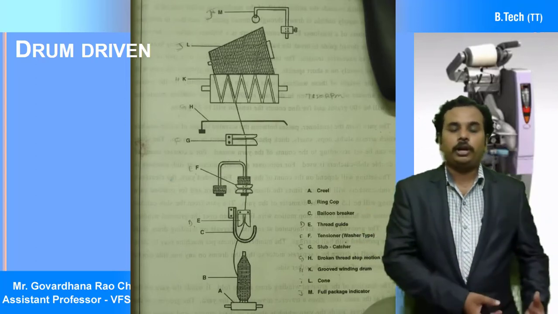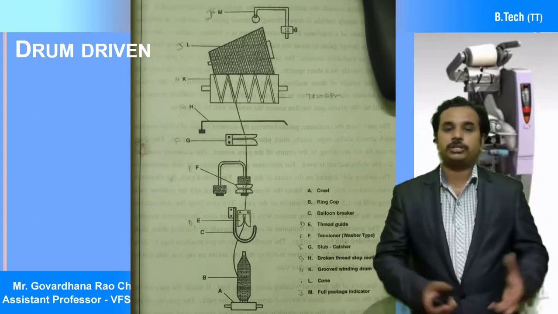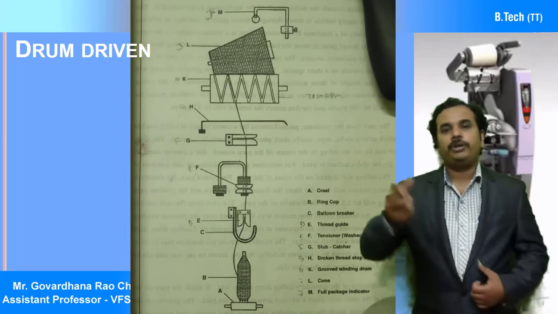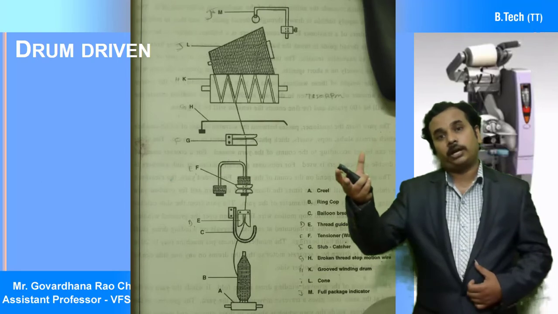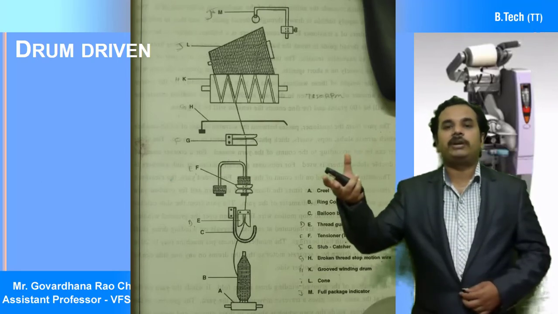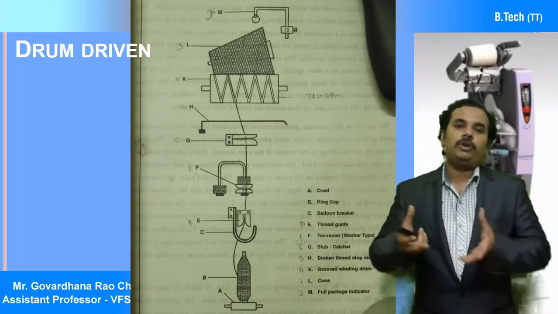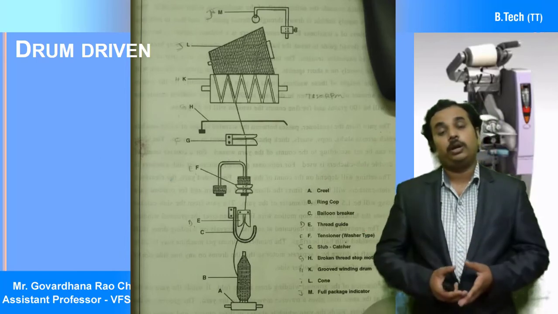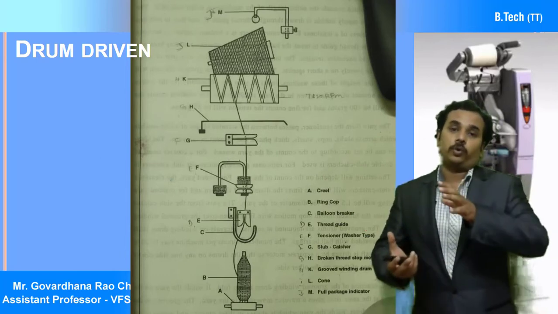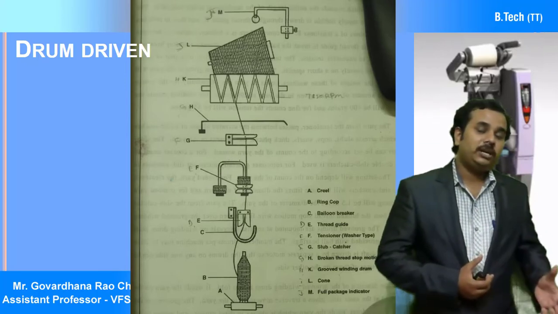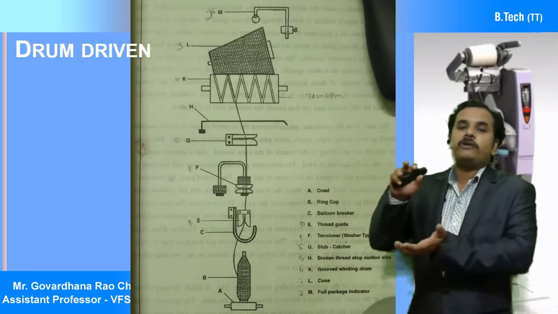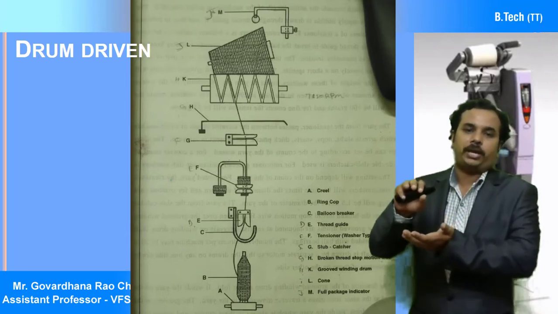Assume the ring cob does not have any objectionable faults. We require 1500 grams. 1500 divided by 100 gives 15. So 15 ring cobs are required to make 1.5 kg of package.